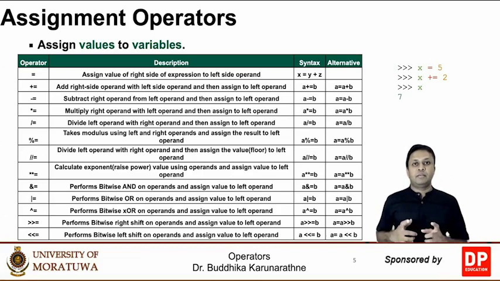For example, x plus equal sign 2 adds 2 to the variable x and assigns the result to x. This is equivalent to x equals x plus 2. And hence, the value of x will be 7.